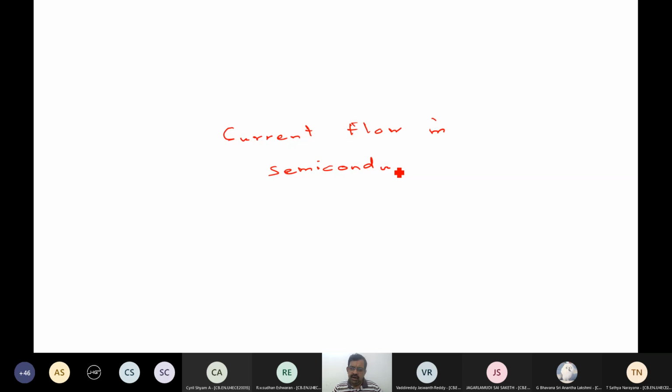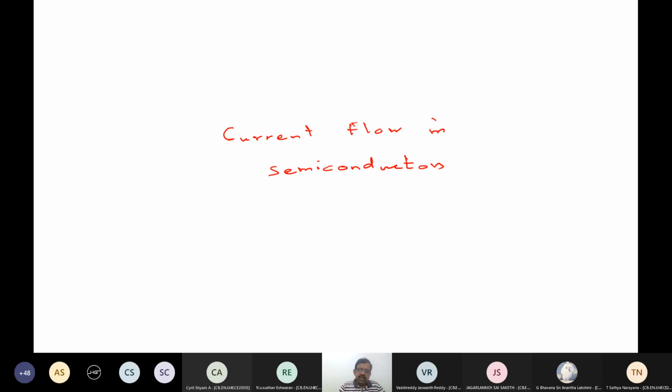After all, the whole electronics is all about how the electrons and holes, the charge carriers in semiconductors, flow constituting current, and the current voltage relationship is what governs the entire electronic gadgets. So we need to understand this current flow in semiconductors.